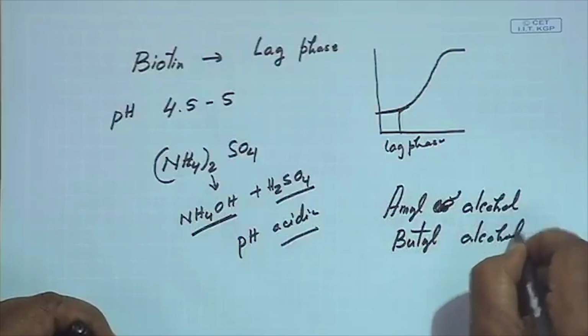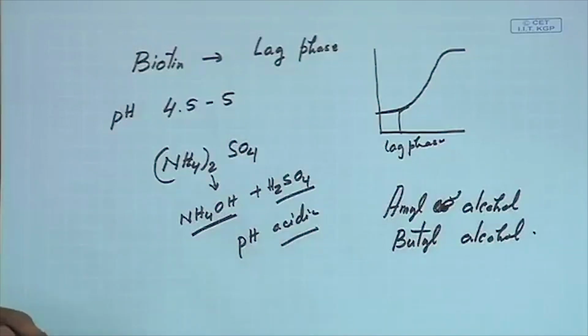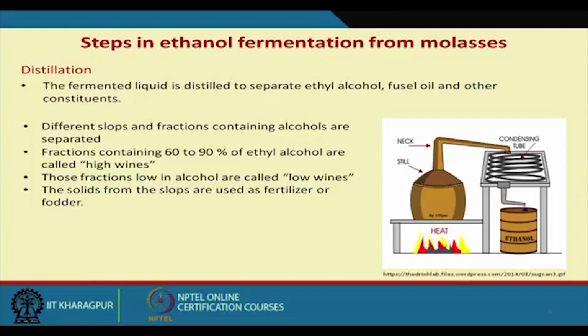So different types of alcohol are produced. These are the higher alcohols. This causes bitterness in the beer, but it is very useful when we use this as power alcohol. This increases the cetane number.